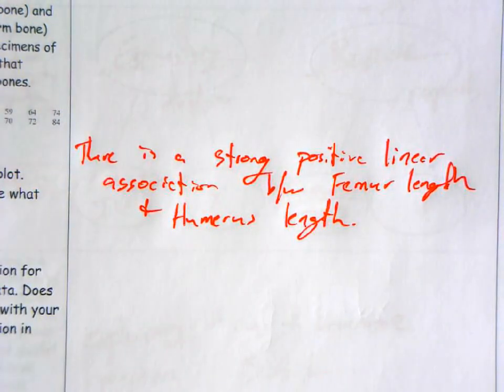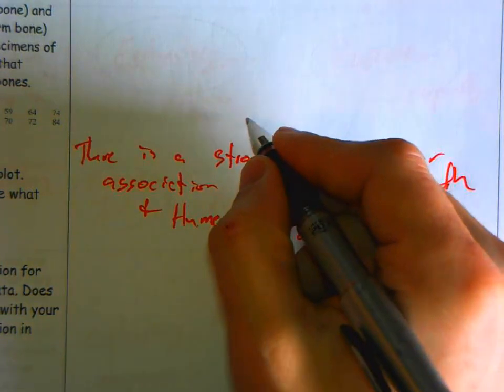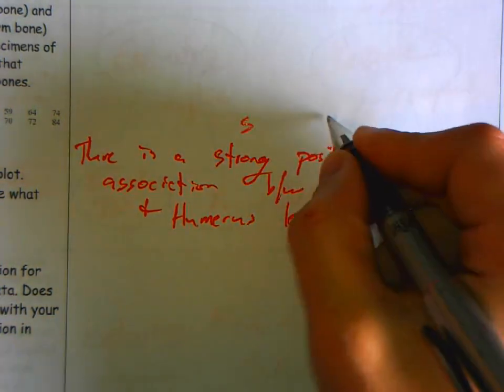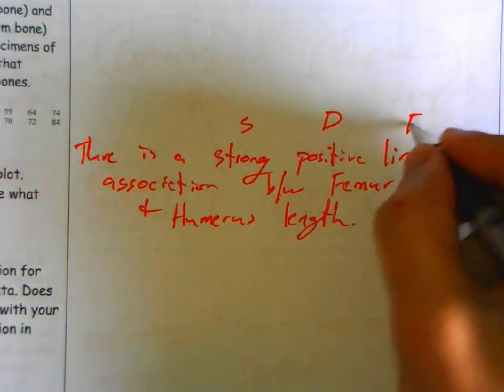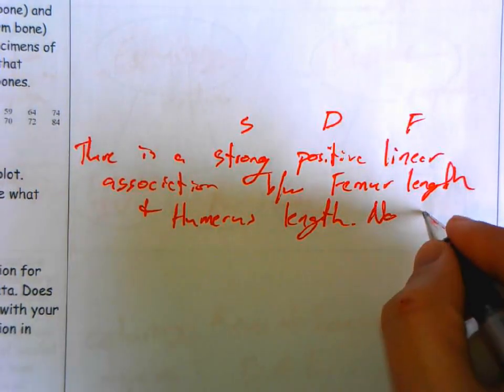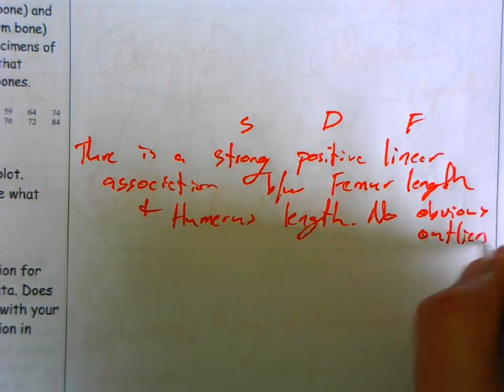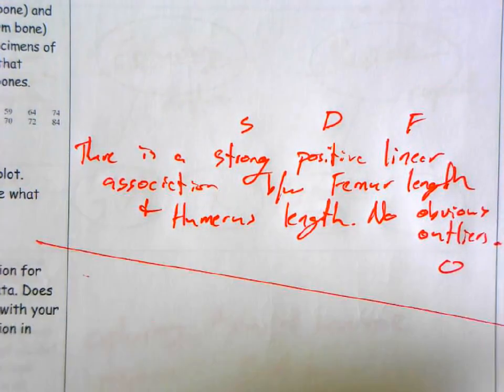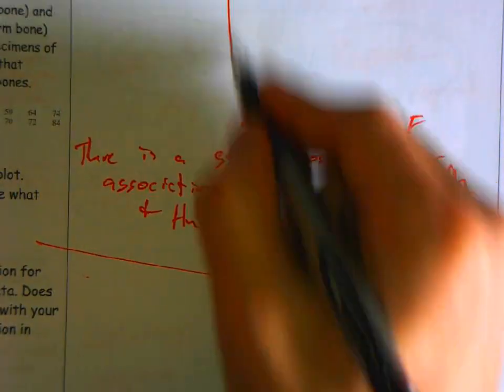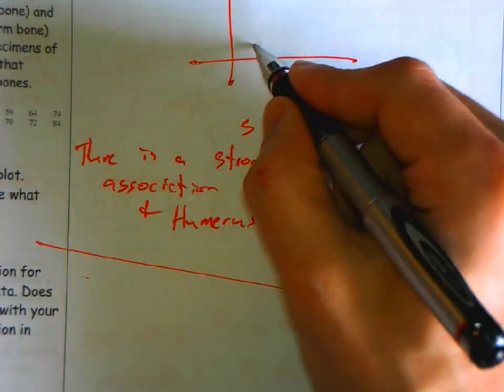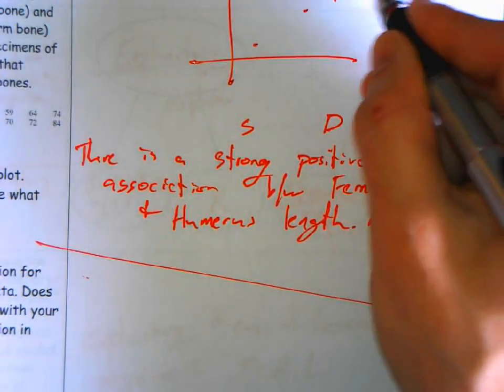Cool. Strong, strength, positive, direction, linear, form. There are no obvious outliers. Your plot, which needs to be better than this, needs to be actually labeled. It'll look something like that.